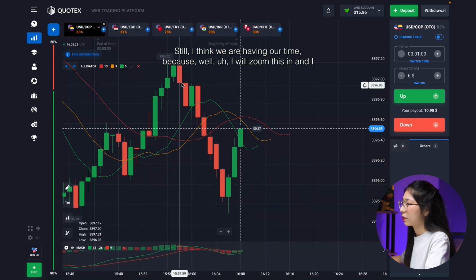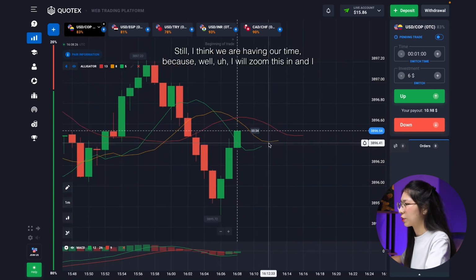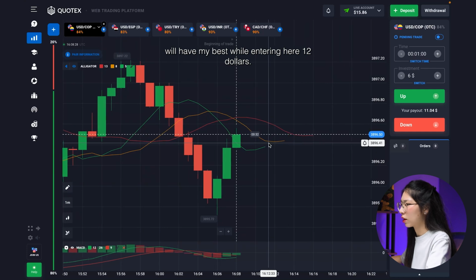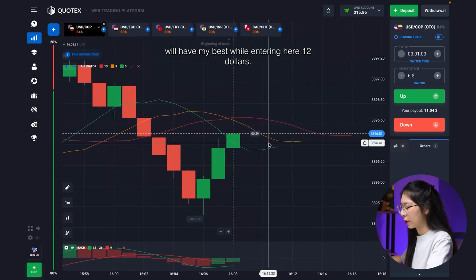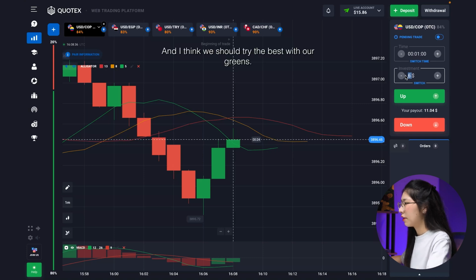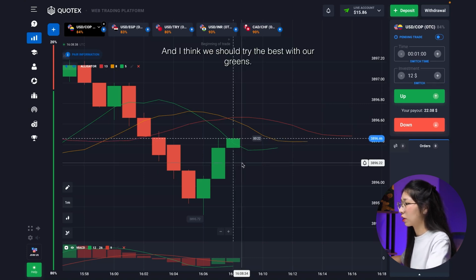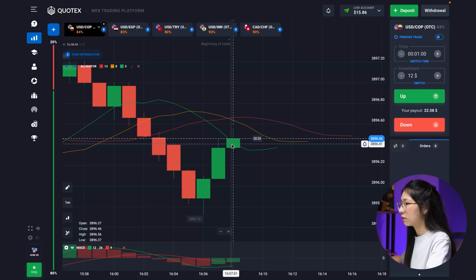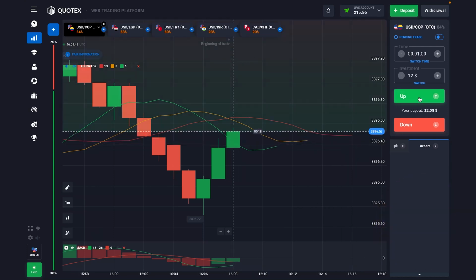So I think we have our time, because I will zoom this in and I will enter here with $12. And I think that we should try the best with our greens. So let's try.